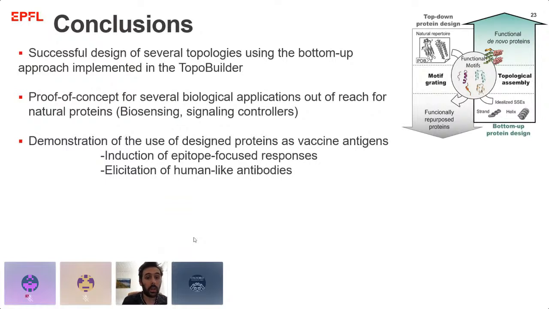We've used this to create functionalities in proteins which generally didn't exist before we made these proteins, and we focused on demonstrating the use of these designed proteins as vaccine antigens. Here we show that there was the induction of epitope-focused responses, and also the elicitation of neutralizing and human-like antibodies.